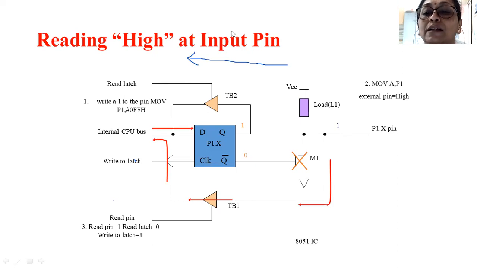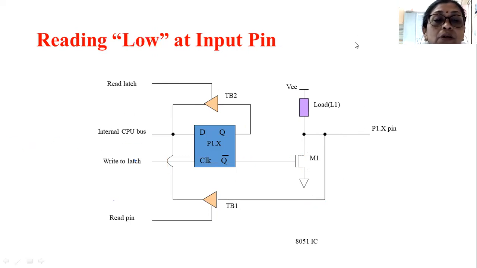Now students, let us see what happens while reading low. Now here we are discussing about how to read low at input pin P1.x. So we will have to start with writing 1 to the input of the D flip-flop as usual.